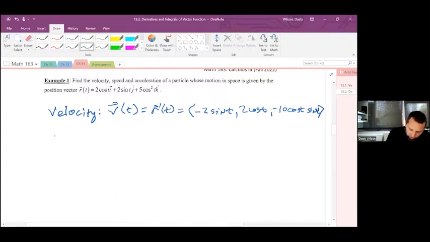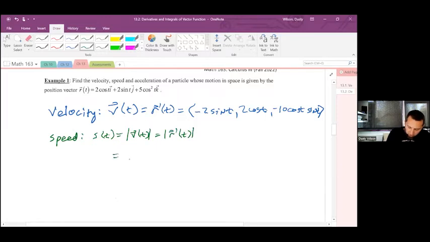To find the speed, we need the magnitude of the velocity function. So speed, or maybe we'll call this s of t, will equal the magnitude of the velocity function, which would be the magnitude of r prime.